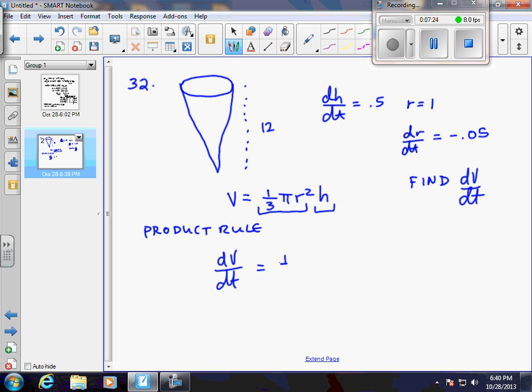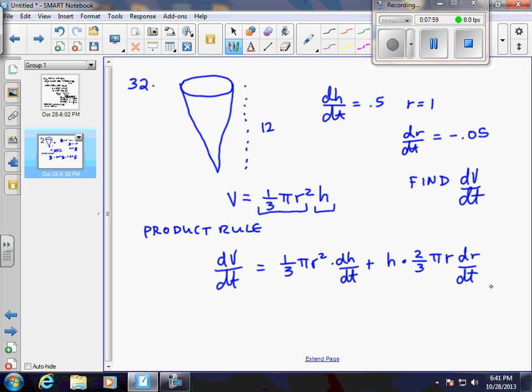So I say 1/3 pi r squared times the derivative of h, which is 1 dH dt, plus h times the derivative of 1/3 pi r squared, 2/3 pi r dr dt. Does that make sense?